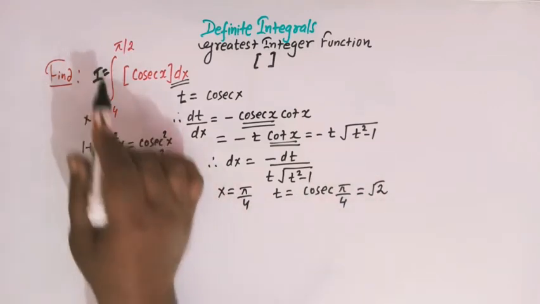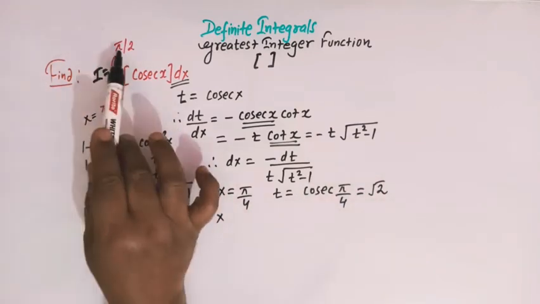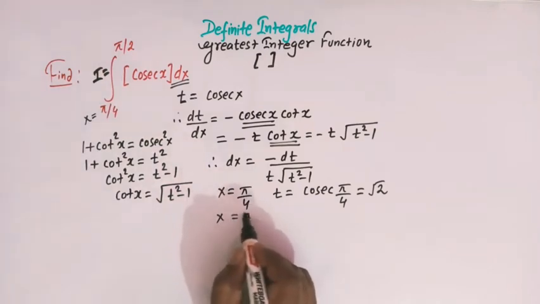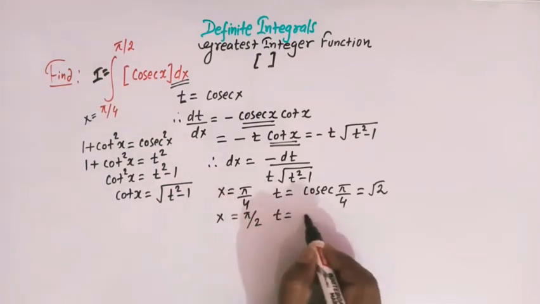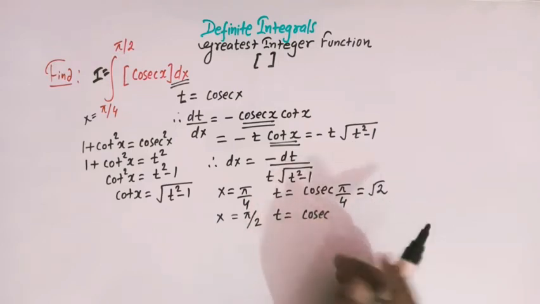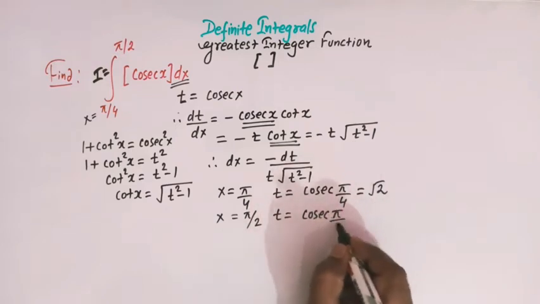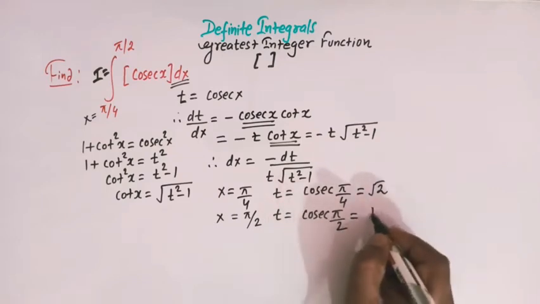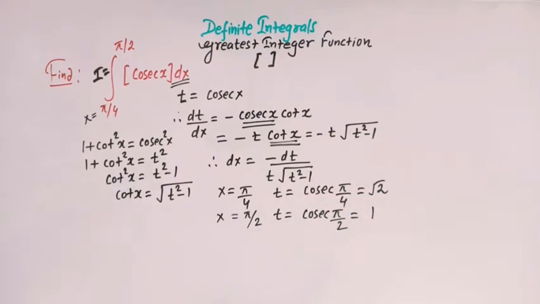And when x is pi by 2, t is cosec pi by 2, which is 1.